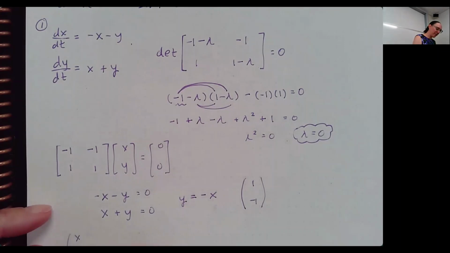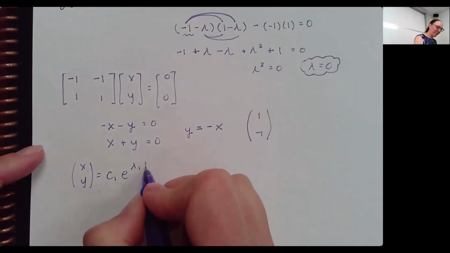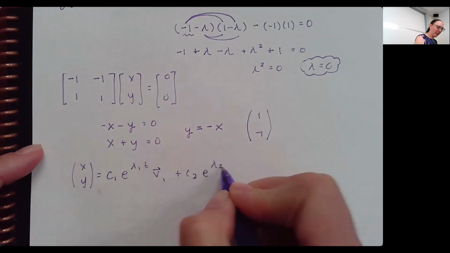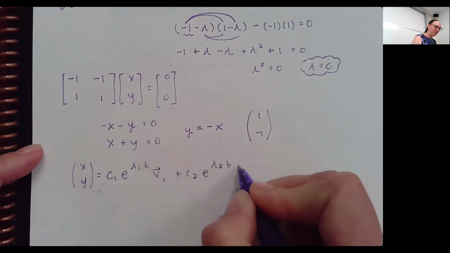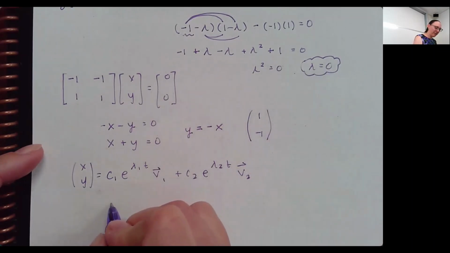normally our solutions look like C1 e to the lambda 1 t times B1 plus C2 e to the lambda 2 t B2. But here I've only got one eigenvalue and one eigenvector.